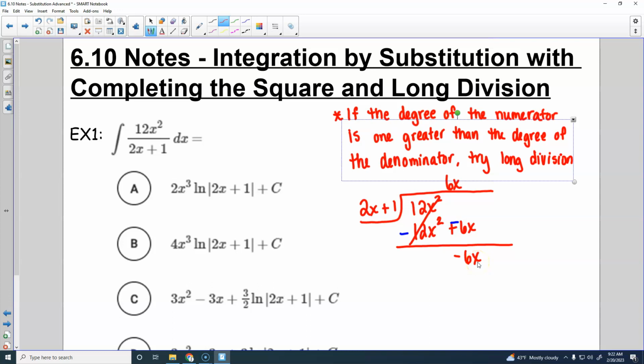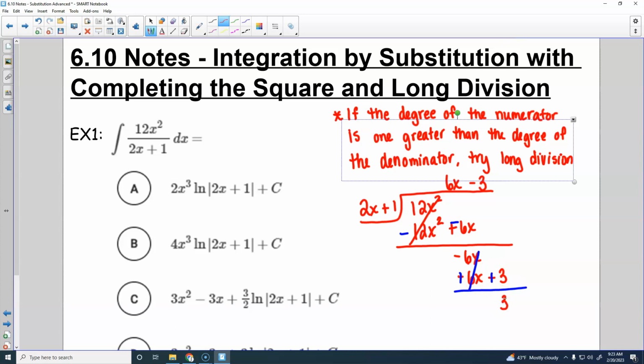Negative 3. So negative 3 times 2x is negative 6x. Negative 3 times 1 is negative 3. We are going to subtract, which actually makes both of these positive. Cancels that out. We get 0. We bring down. We've got a 3.